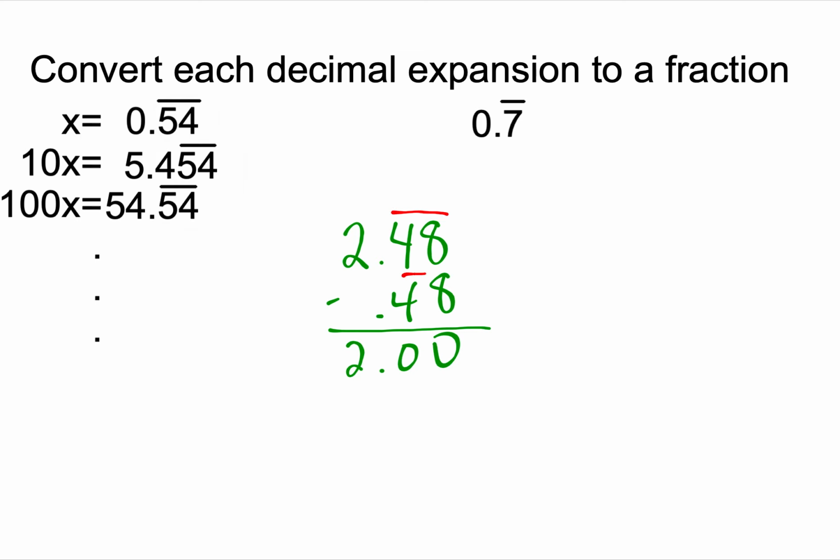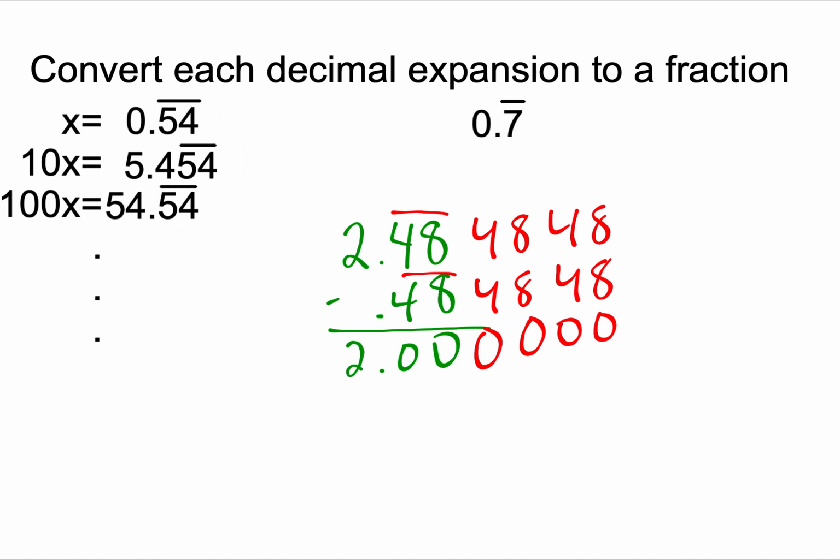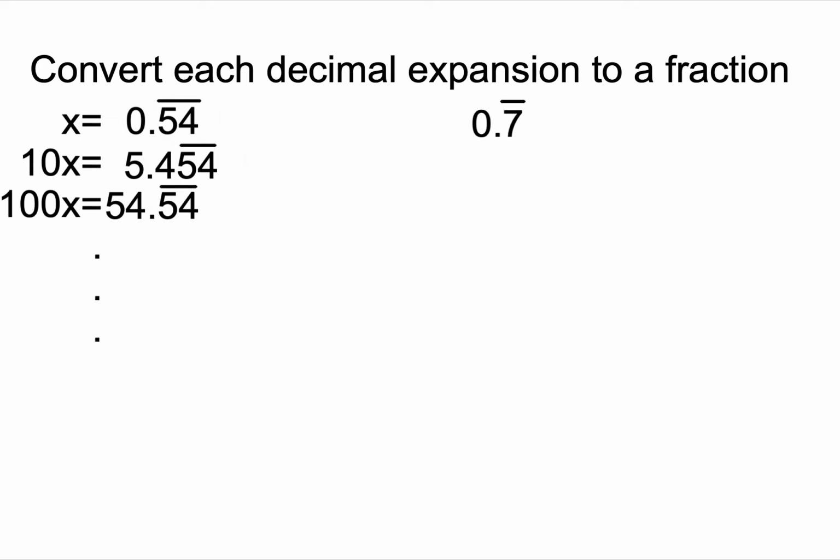If it was a repeating decimal, then these 4/8 would go forever, but each one individually would subtract away to 0, and we would just be left with 2. So if we can find the exact same decimal parts, we can subtract and get rid of them. And that does happen right here. We've got 0.54 repeating on both of those.